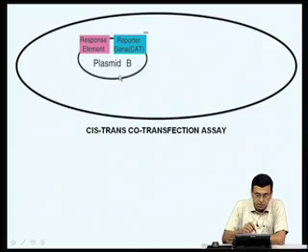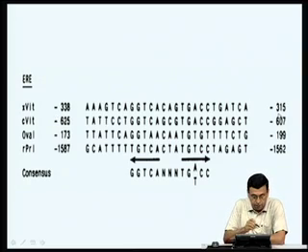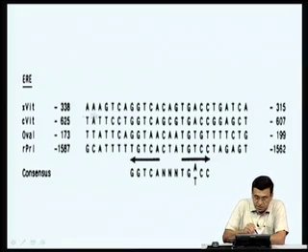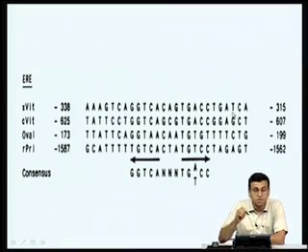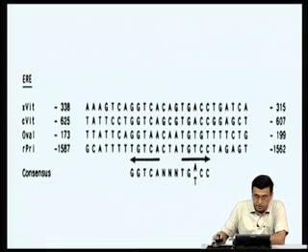Suppose you suspect that the promoter region between -338 and -315 in the vitellogenin gene contains an estrogen response element, and you want to demonstrate that when the estrogen receptor binds to this region of the promoter, it activates transcription. Now, how do you demonstrate that?